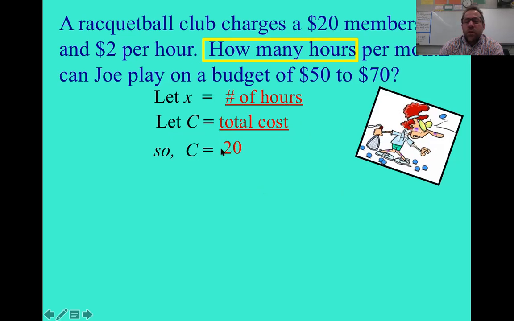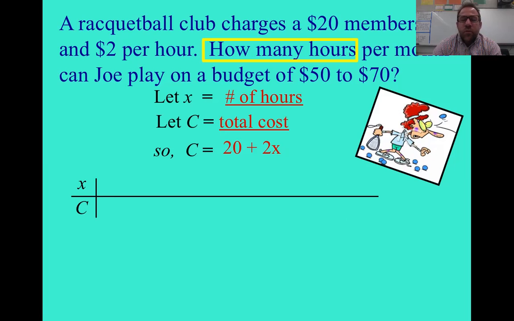That's our upfront amount. So the total cost is going to be $20 plus $2 per hour, and X is our number of hours. We don't know how many hours he can play. Okay. All right. So to do this, we're going to set up a chart. There's a faster way to do it, but we're going to just set up a chart.